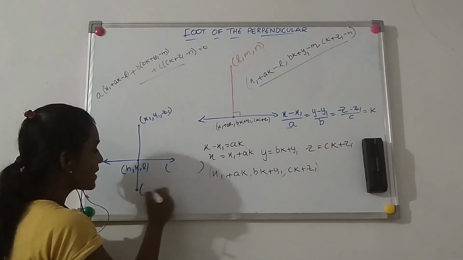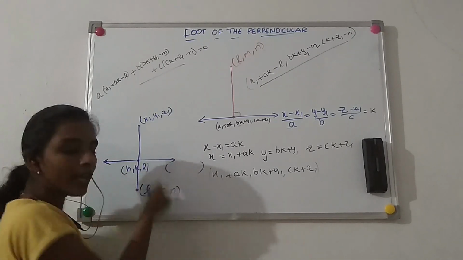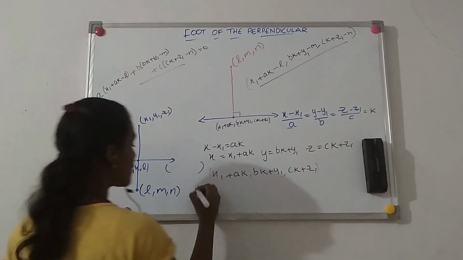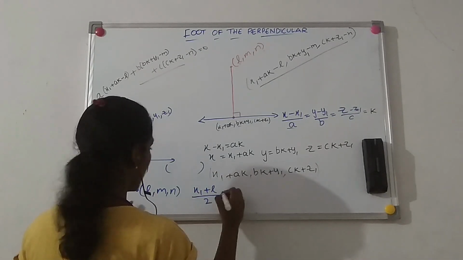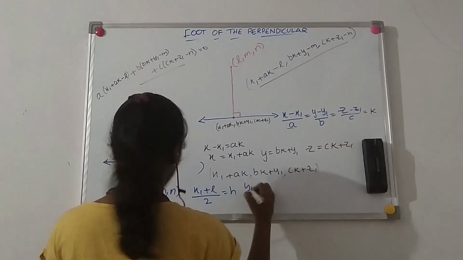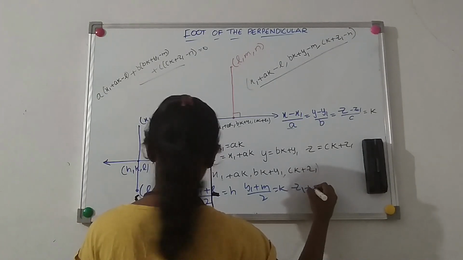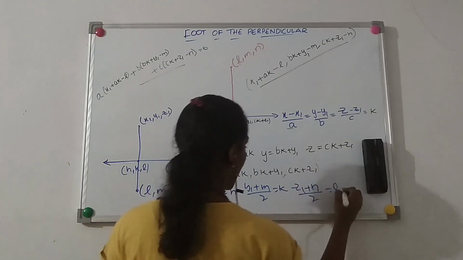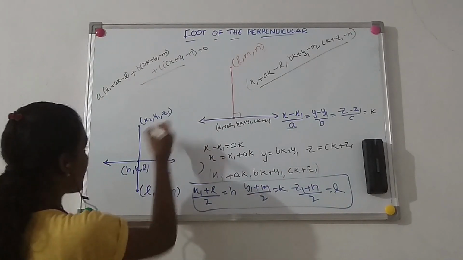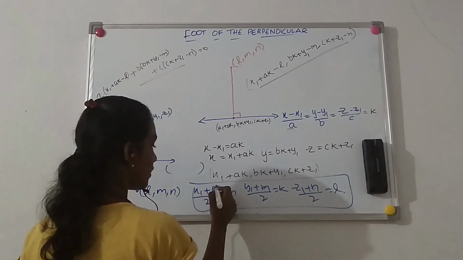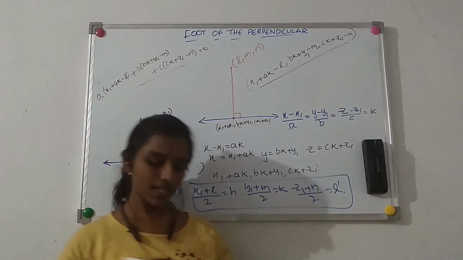So let me think that this image is L, M, N. Then how do I use that midpoint formula? x1 plus L by 2 equals h, y1 plus M by 2 equals k, z1 plus N by 2 equals l. Okay. So this is how I find the image of the point.